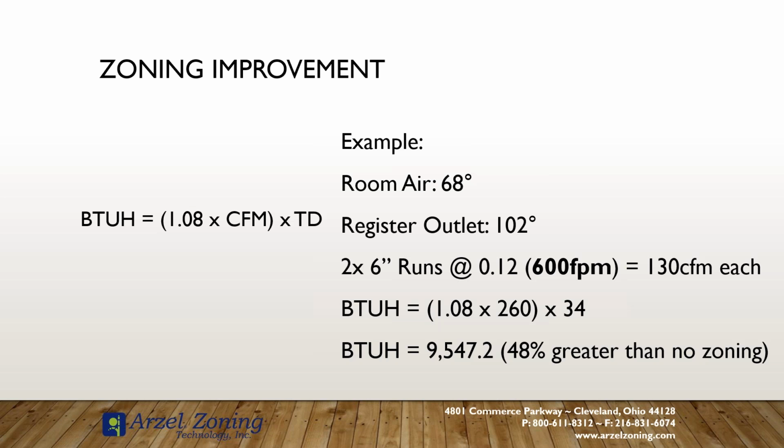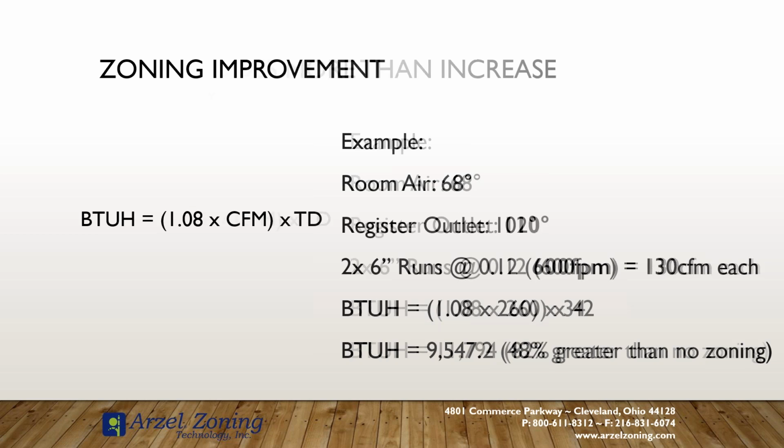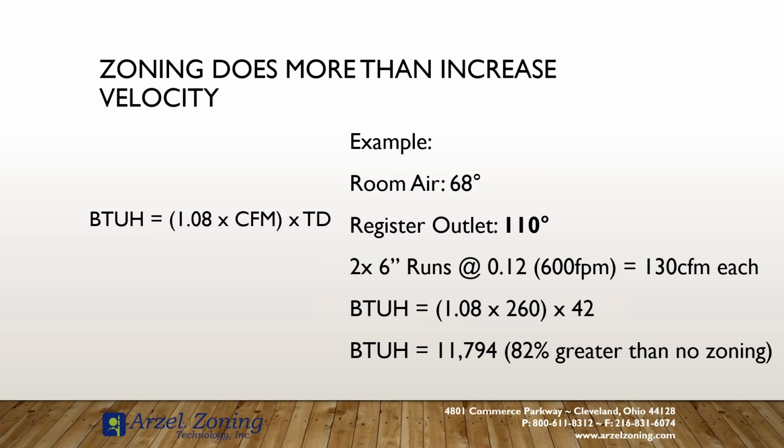Because the airflow does slow down though, that 102 degrees wouldn't be completely accurate. So I might actually see that pushed up to 110 degrees. So zoning has a couple of improvements that it makes. It improves the velocity, but because I'm also collecting more BTUs from my heat exchanger, I've got more heat being transferred into the air being delivered.